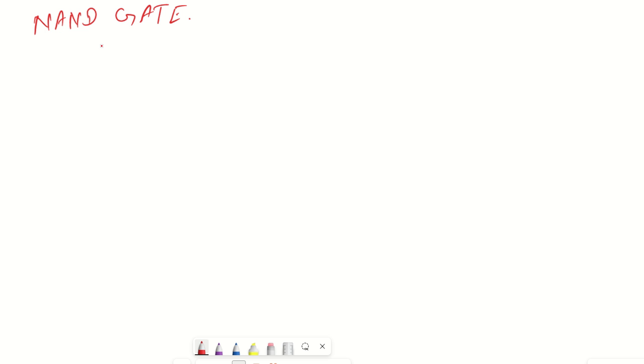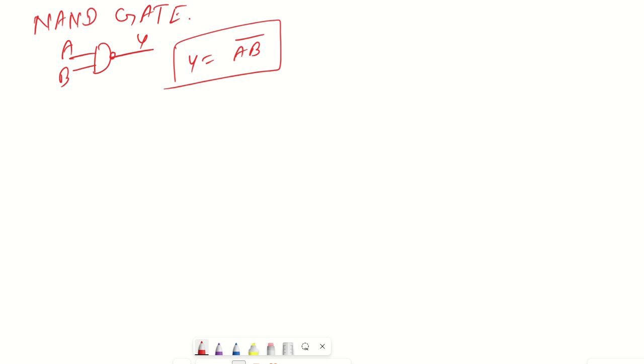The symbol of AND gate was this, and for NAND gate we will have a node here, so this will be NOT. My inputs are A, B and output is Y, and my output is going to be AB, and since we have put a negative sign, AB bar.